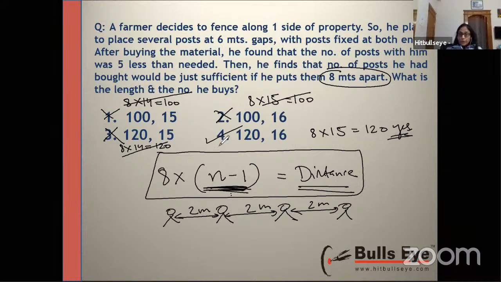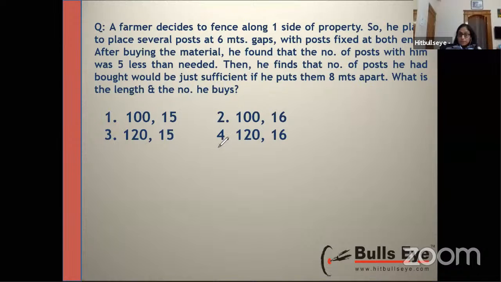Now, one quick query which I was expecting from you guys to ask was, is the first situation also fitting in? Let's see. First situation was saying that when he was trying to place them at a gap of 6 meters, it didn't work. Why it didn't work? Because he was falling short of flower pots. How many was he falling short of? 5. So let's try.